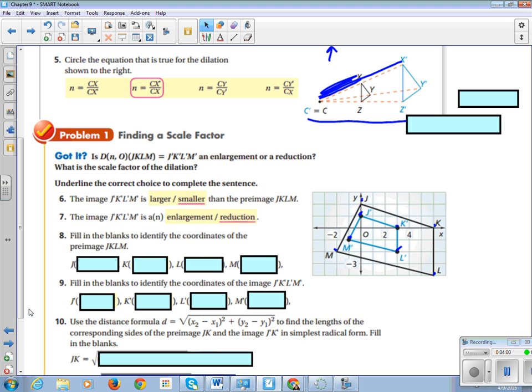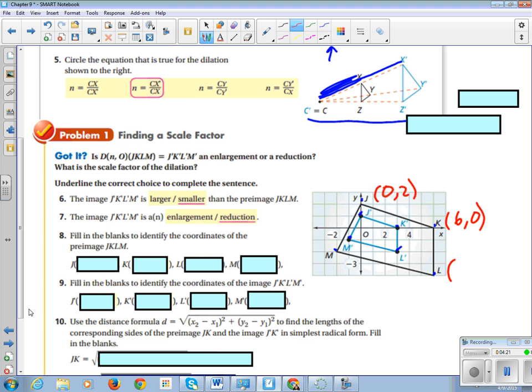So we need to find the coordinates of J, K, L, and M. So the coordinates of J are over 0, up 2. K is over 6, up 0.